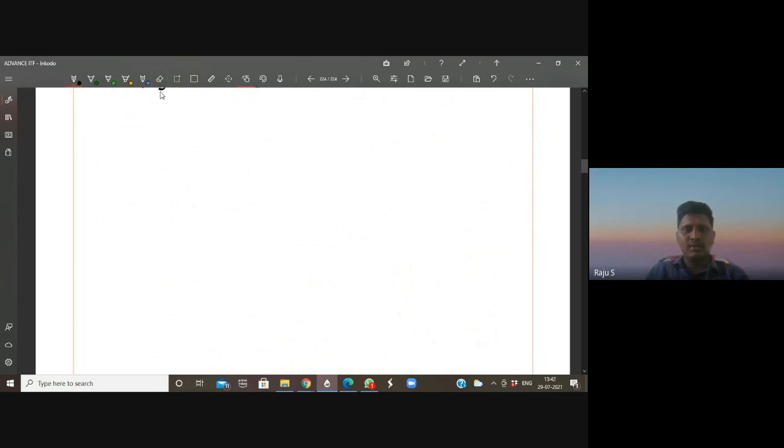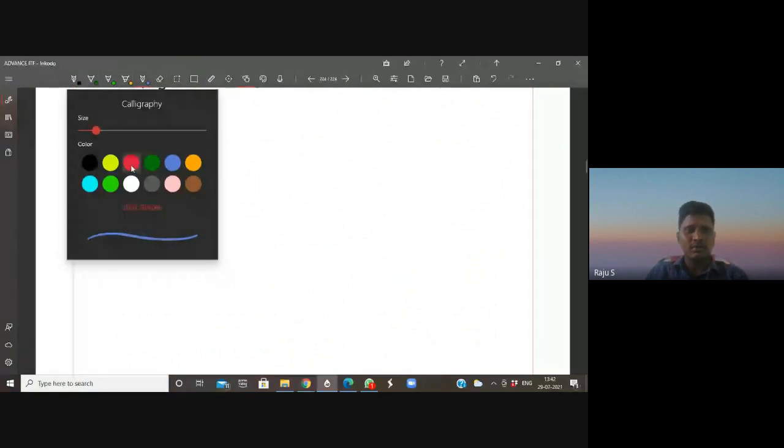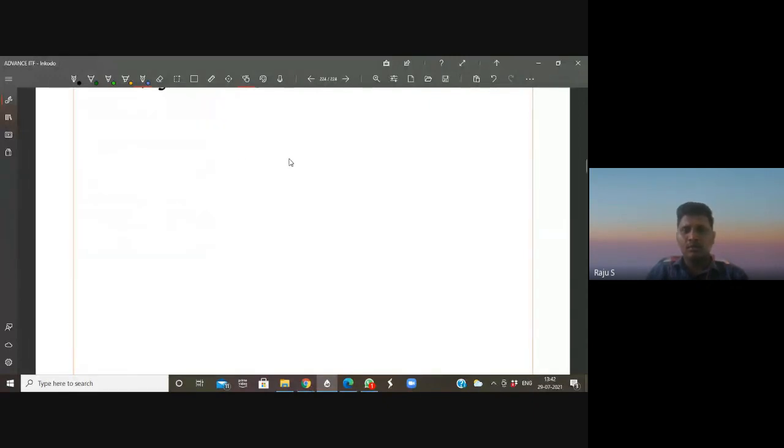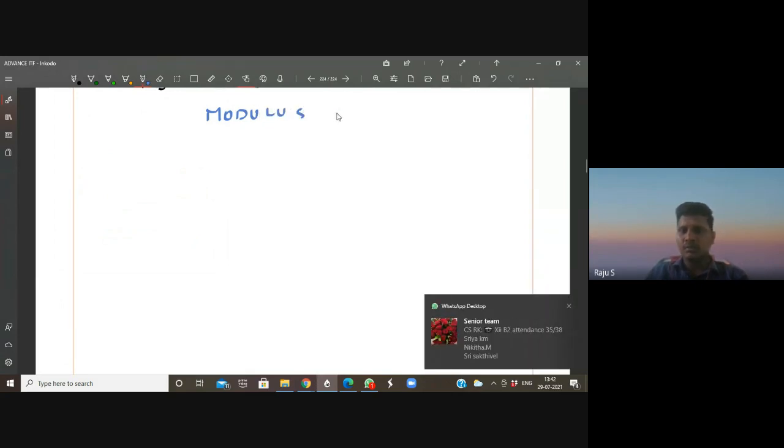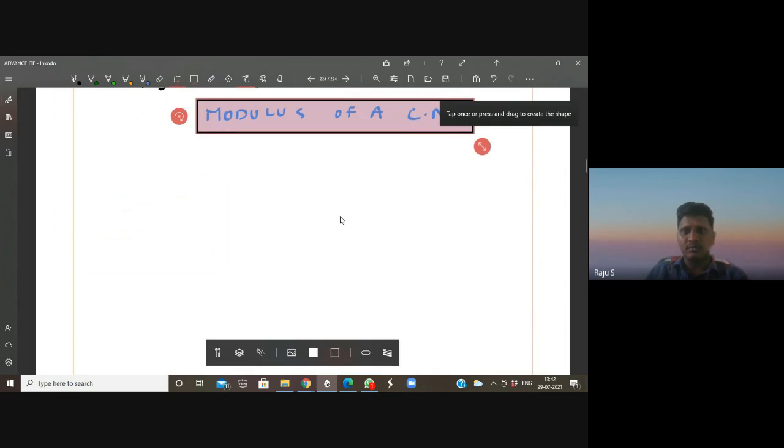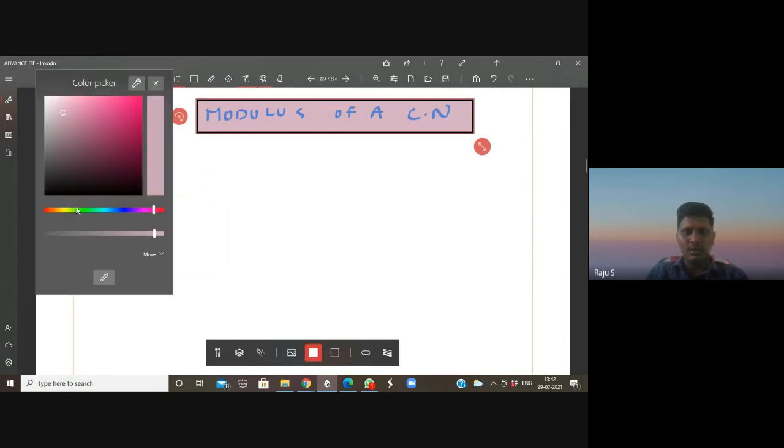Next, coming to the next concept, modulus of a complex number. Remember this.